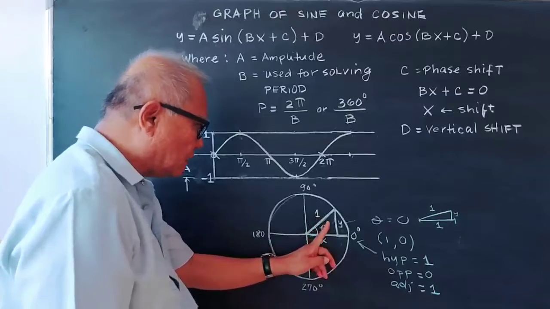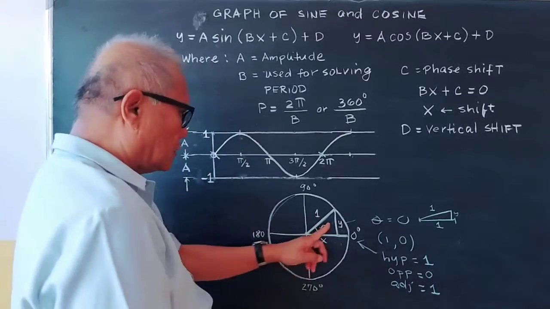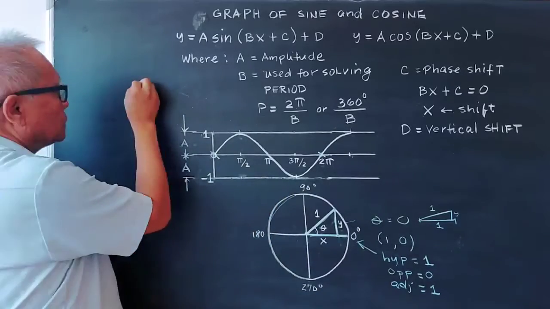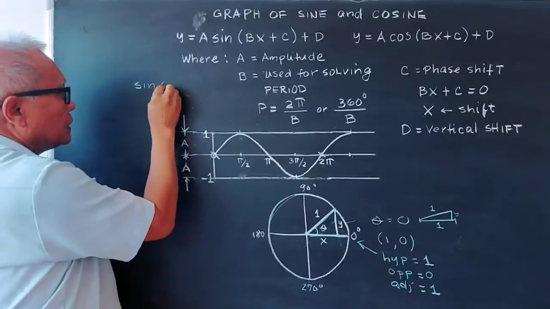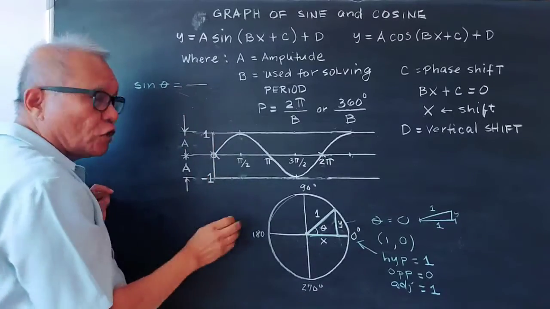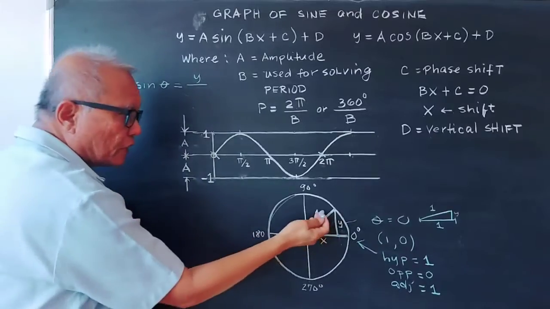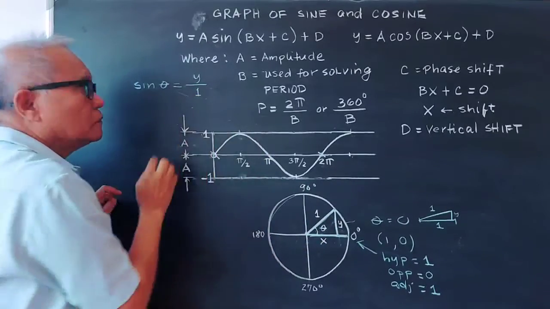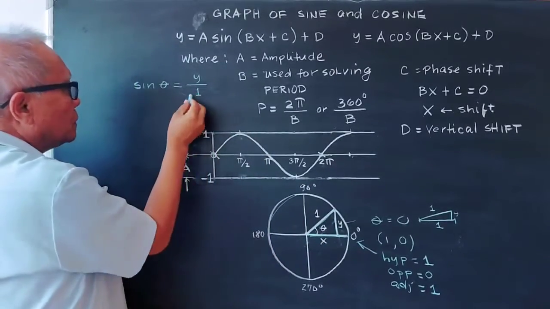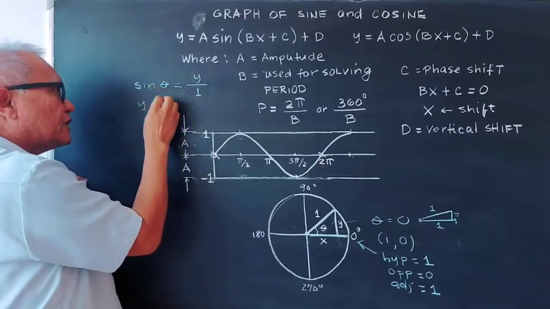Okay, in this triangle, let's find the y. We have sine of angle theta is equal to the opposite, which is y, over the hypotenuse, 1. So y is equal to 1 times sine theta.